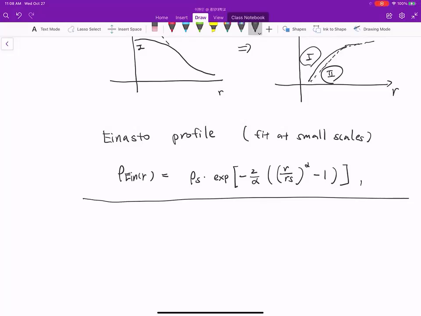So there are representative dark matter profiles: isothermal, NFW, and Einasto profiles. They are all phenomenological.